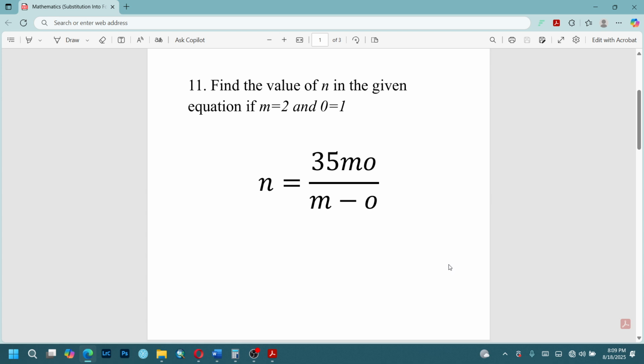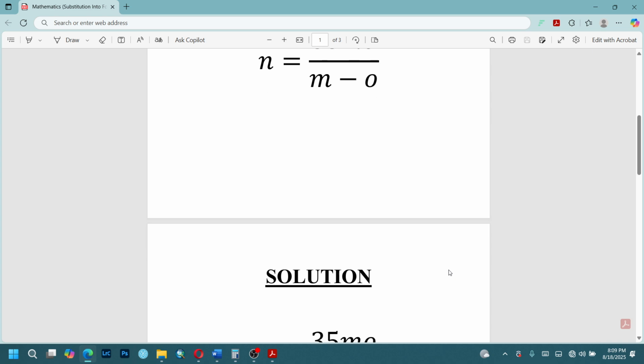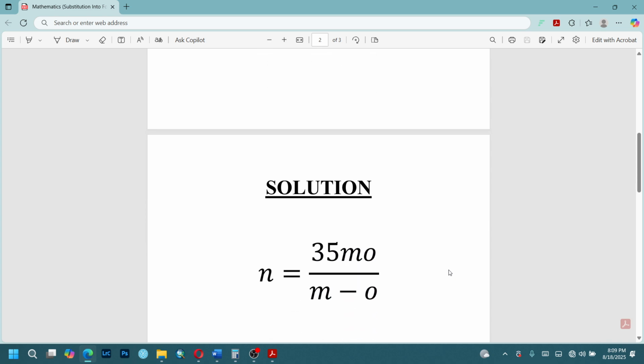So n equals the fraction 35 multiplying m multiplying o over m minus o, right? So based on the preamble of the question, our equation is giving us n equals the fraction 35 multiplying m multiplying o over m minus o, right?